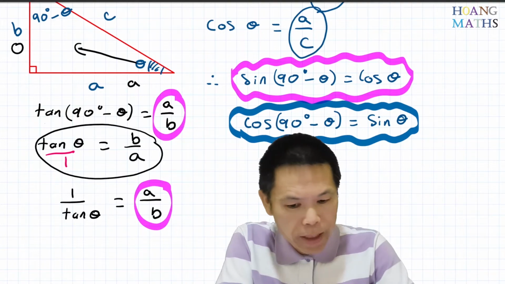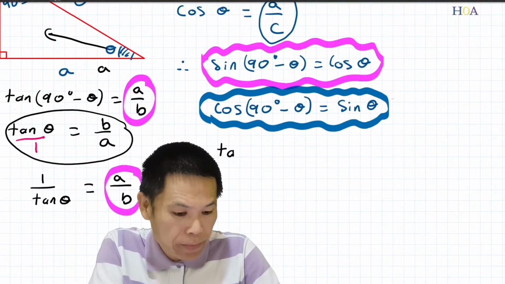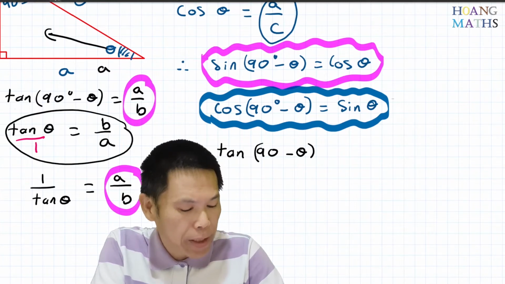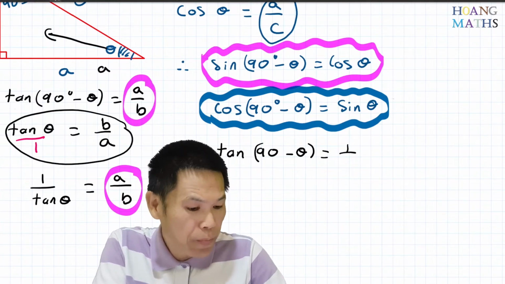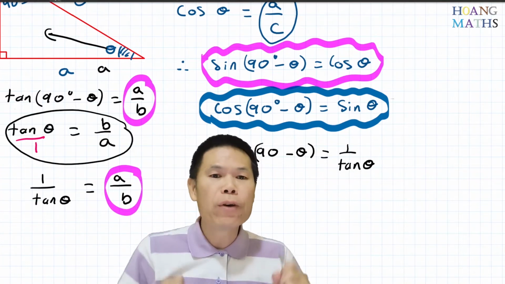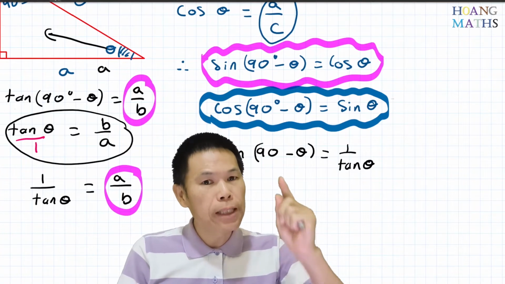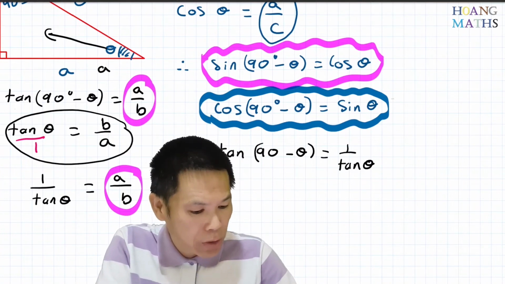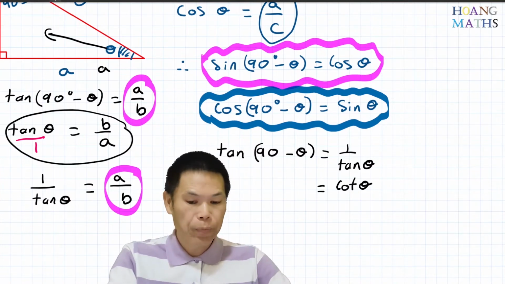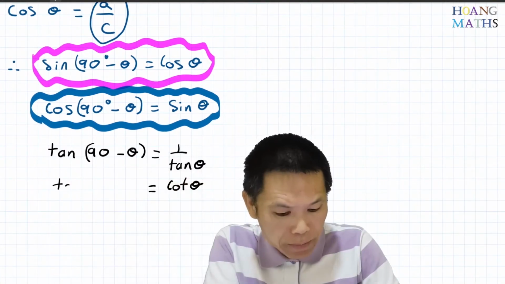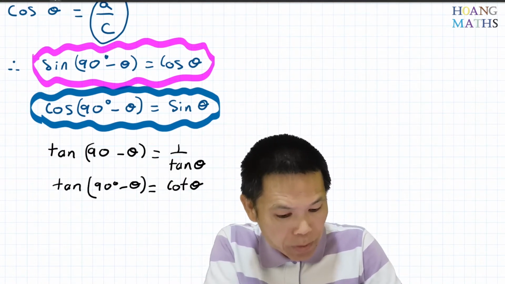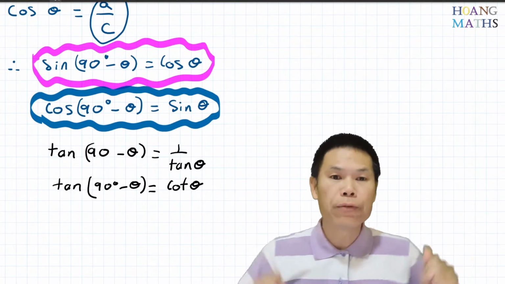Let me just write this down. 1 over tan of theta can be written as cot of theta. So therefore tan of 90 minus theta is equal to cot of theta.